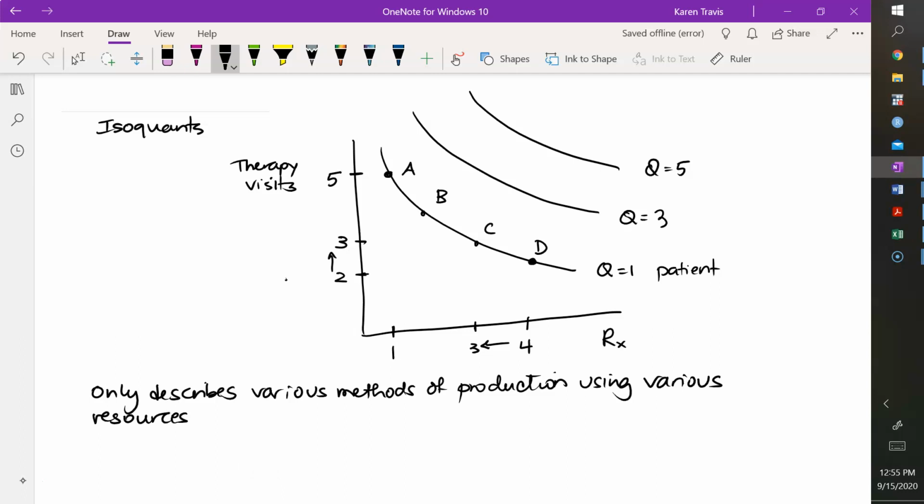And importantly, notice it doesn't say anything about what the prescriptions or the therapy visits are valued at. It doesn't take into account the cost. It just takes into account what will work.